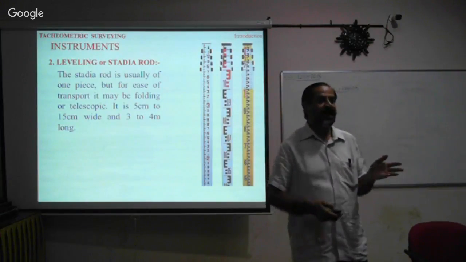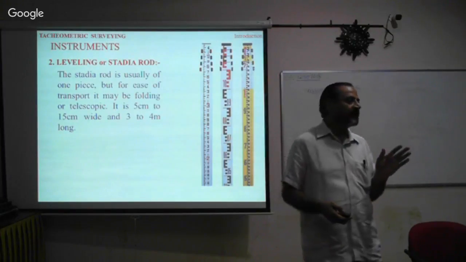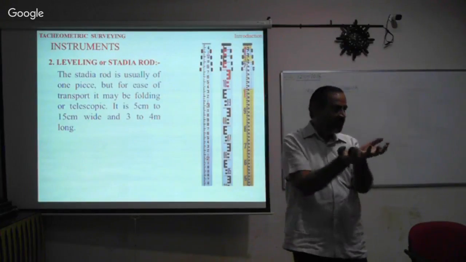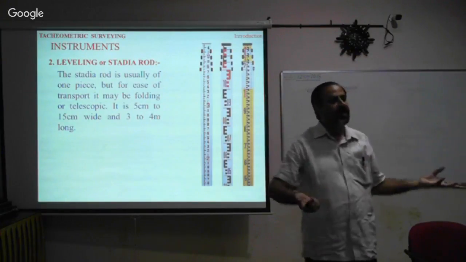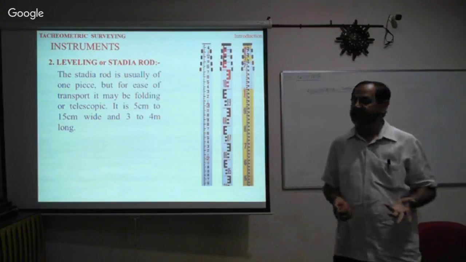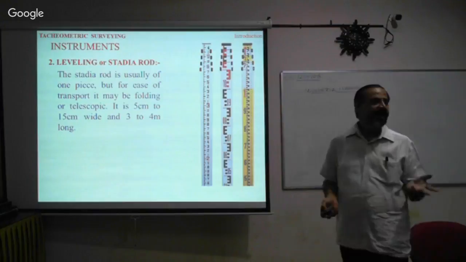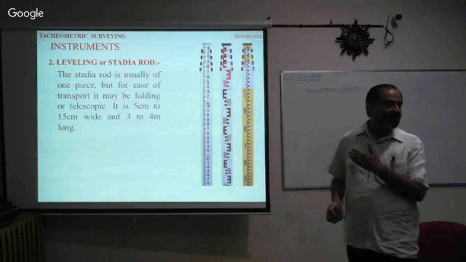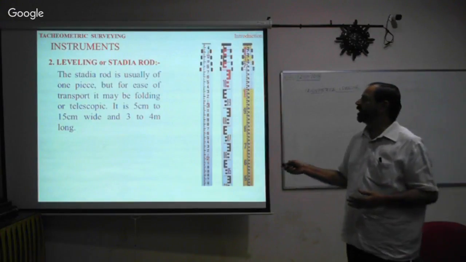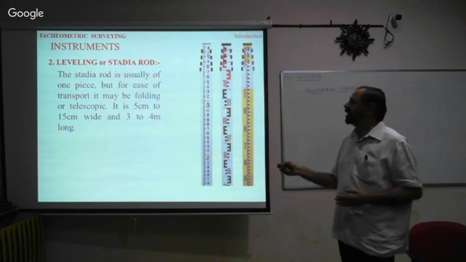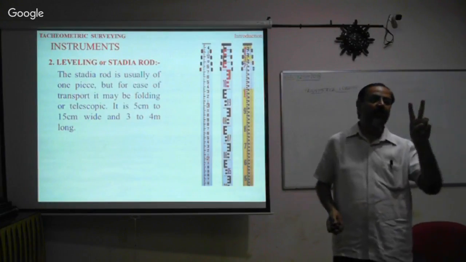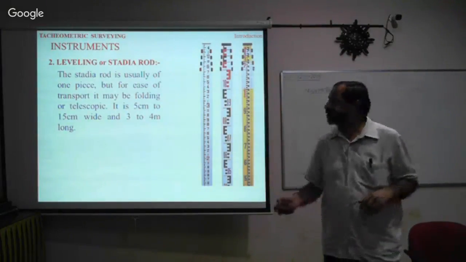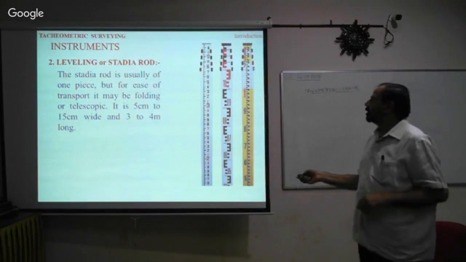Depending upon their construction, sometimes it is folding type, sometimes solid type, depending upon convenience and the instrument available with you. A regular leveling rod can be used as a stadia rod. These are the two instruments employed in tacheometry.